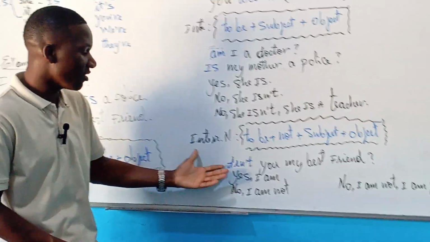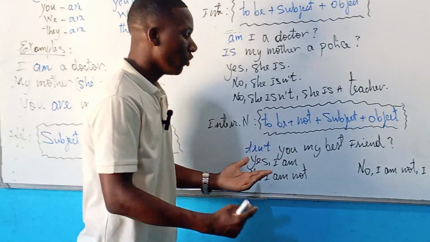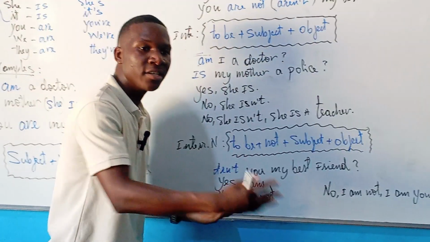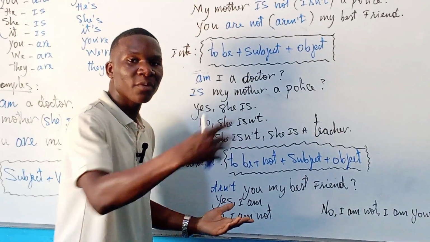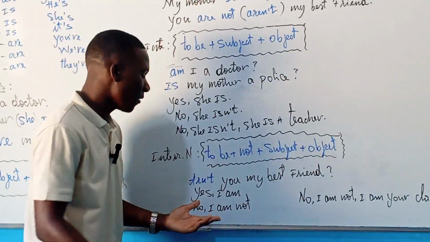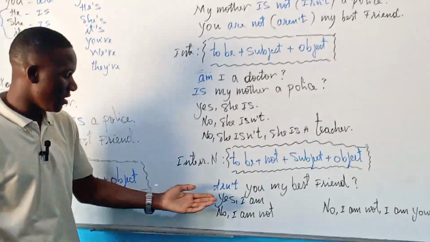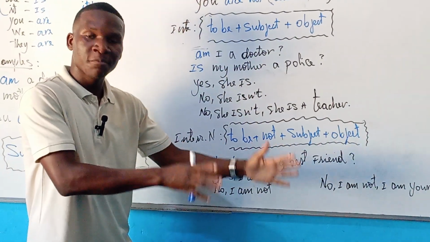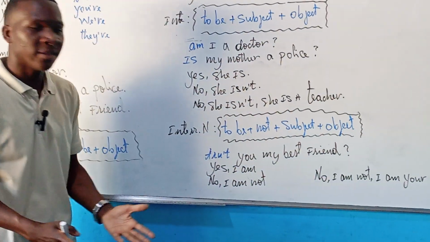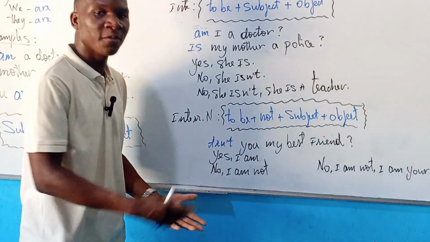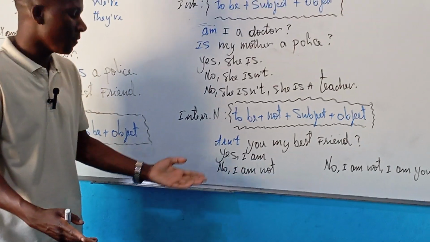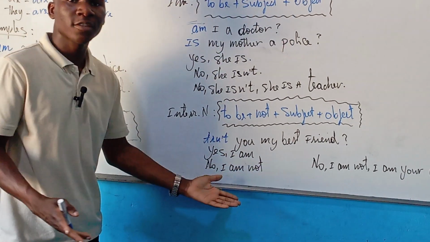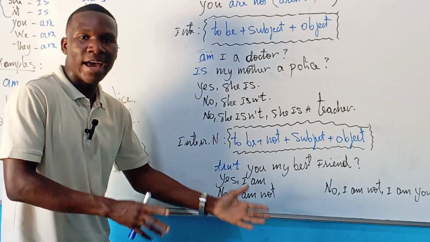Do you see what the question says? Aren't you my best friend? The person is asking you, aren't you my best friend? And the answer will be, yes, I am, if you are really his best friend in this case. But if you are not his best friend, you are going to say, no, I am not.